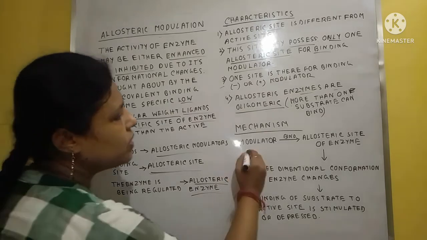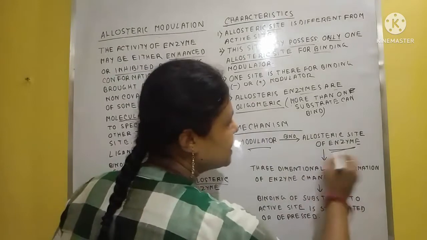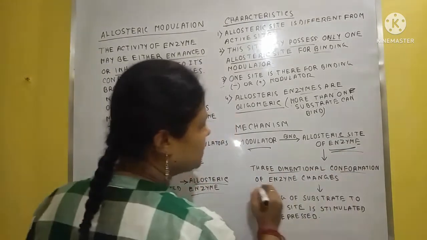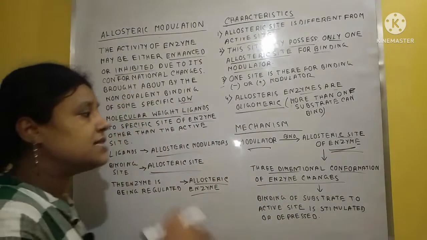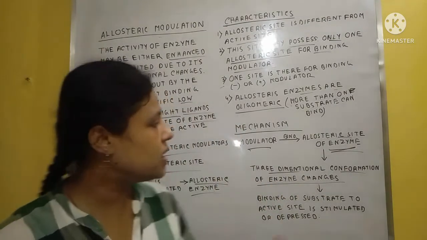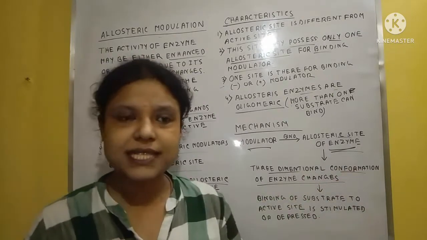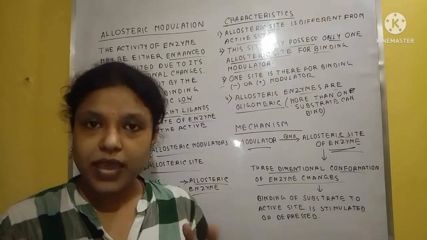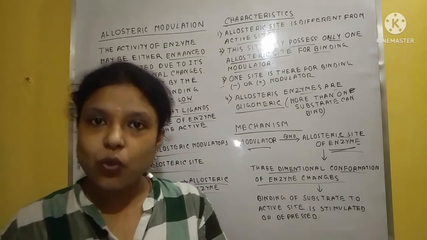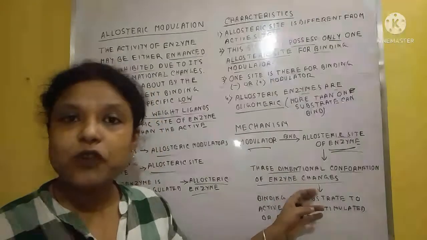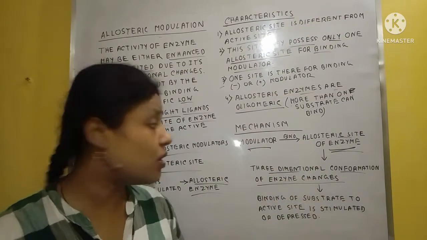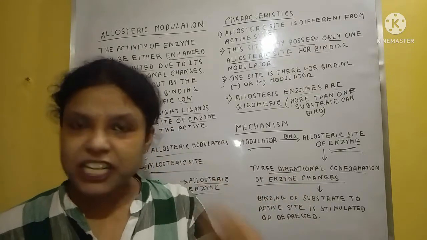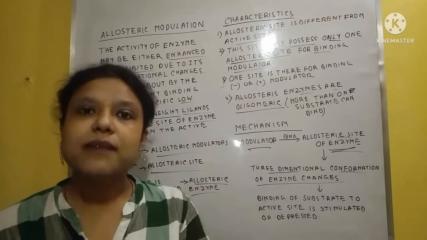First, when the modulator binds to the allosteric site of the enzyme, the three-dimensional conformation of the enzyme changes, in such a way that only a particular substrate can bind with that enzyme.